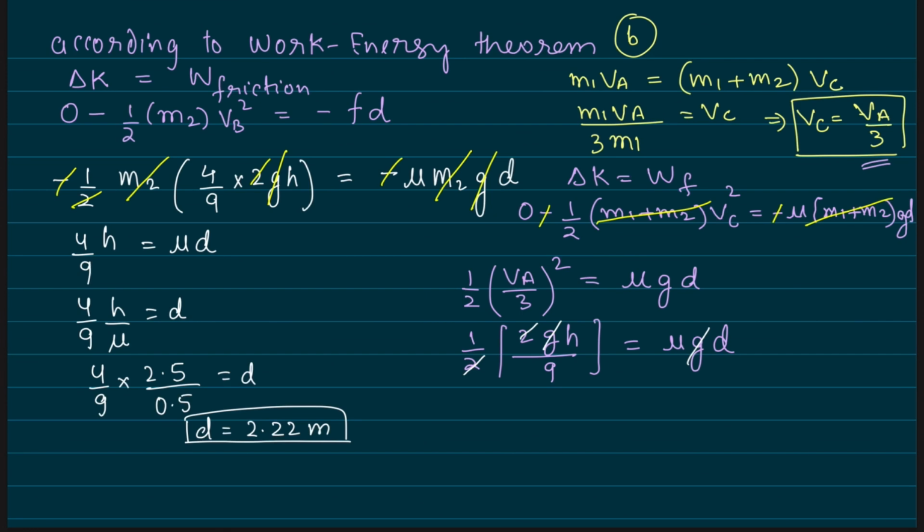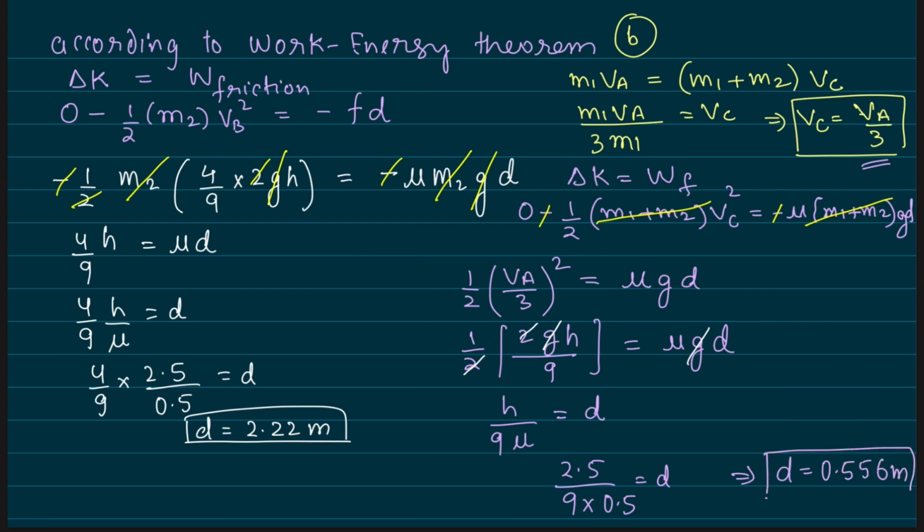So finally we have h by 9 mu equals d. Put the values: h is equal to 2.5 divided by 9 multiplied by mu is equal to 0.5 equals d. So in this case you will get d is equal to 0.556 meter. So it is much lesser as compared to the first case. So this is our answer for part A, and this is our answer for part B.